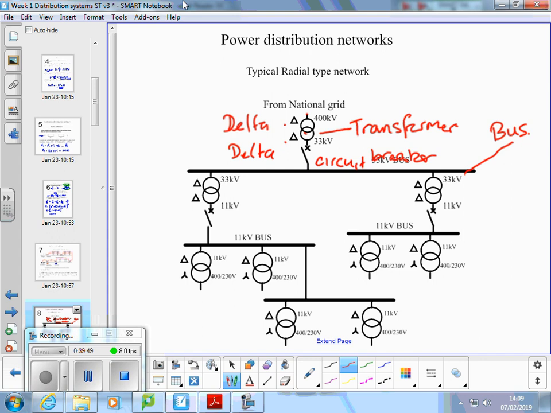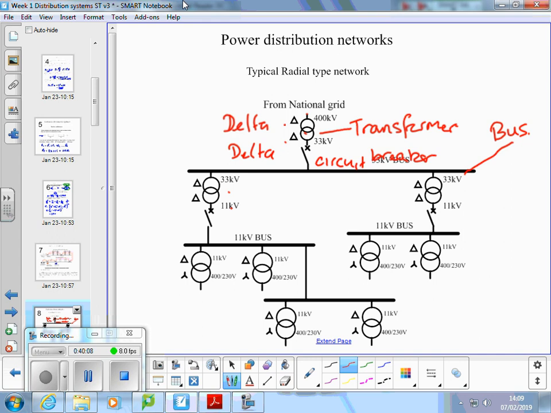So, this feeds onto a 33 kV bus bar. It then has further transformers that transform down to 11 kV. You get an 11 kV bus, and then that feeds individual circuits and so on over there.